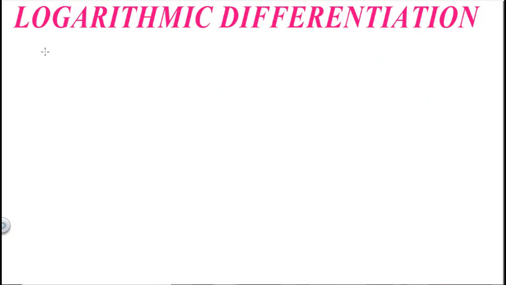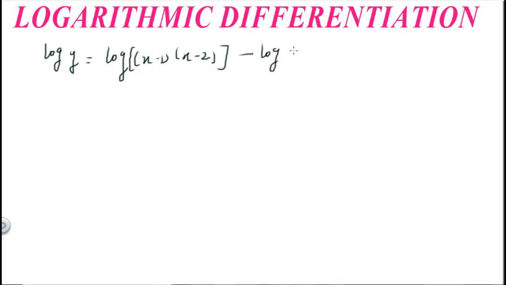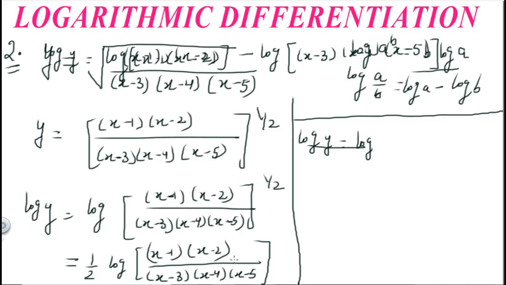We will have log y equals log of a, which is (x minus 1)(x minus 2), minus log of b. b is (x minus 3)(x minus 4)(x minus 5). You can see here we had this as a and this as b. Clear?